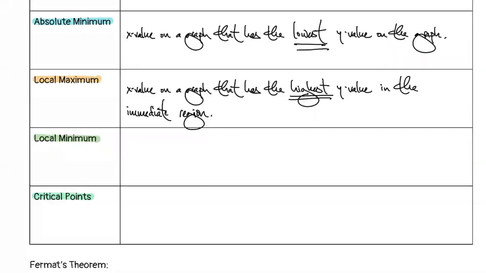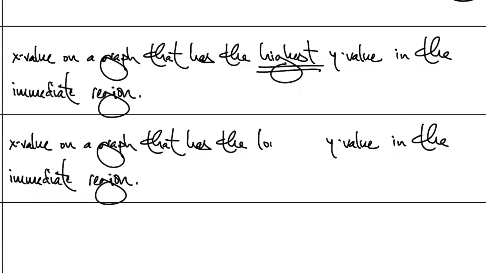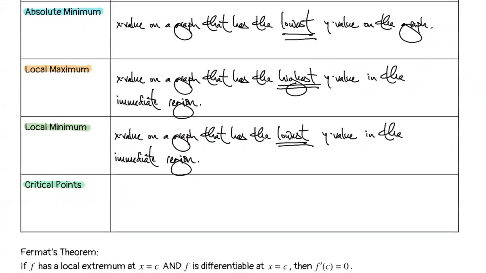Okay, and so we could similarly modify this statement for the local minimum just by replacing the word highest with the word lowest. Okay. So local maximum is the x value on the graph that has the highest y value in the immediate region. Local minimum is an x value on a graph that has the lowest y value in the immediate region or in that neighborhood. Okay.